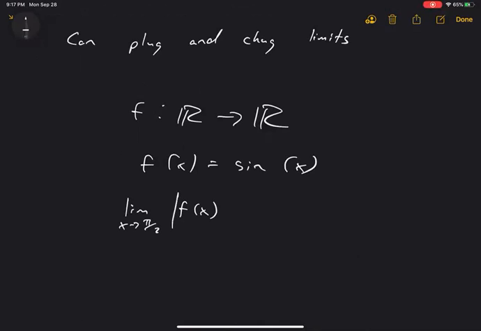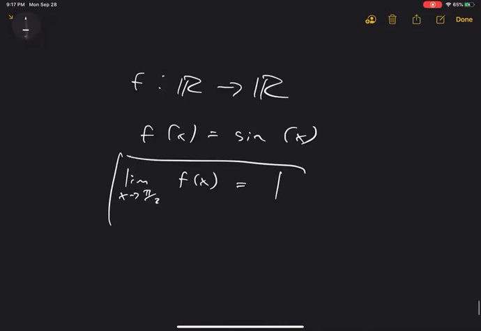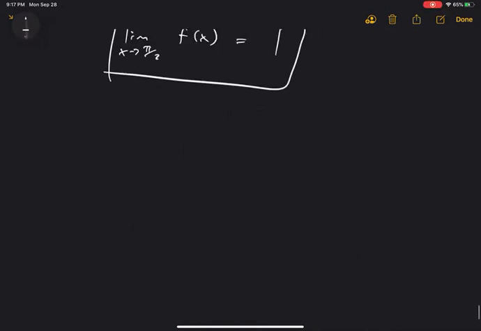The good thing about continuous functions is you can just plug pi over 2 into your function. If I plug pi over 2 into sine, that's just going to be 1. I know automatically pi over 2 is in the domain of sine of x, so I just plug it straight into my function.